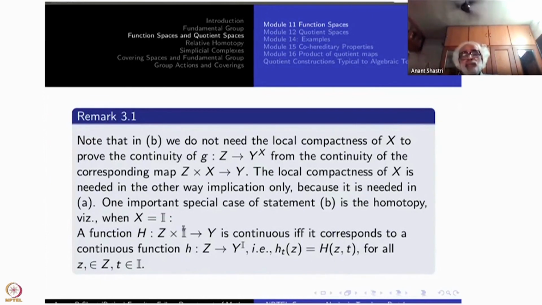Therefore, the joint continuity of this one ensures that a family like this is just one single continuous function from Z into the function space Y raised to I, the set of all paths in Y with the compact open topology.